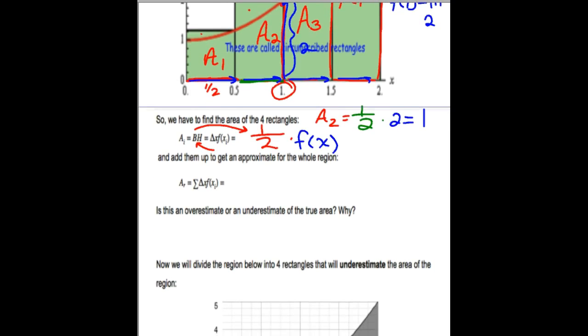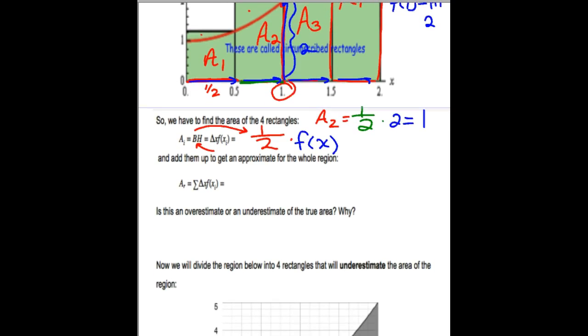So let's go do the area of the entire region, which I'm calling A sub r. What I'd have to do if I were to write a formula for it is add up, that's what this means, all of the delta x's, which is all of the bases, times all of the heights. This is just fancy notation for, hey, add up 4 rectangles. So what I would do is take each rectangle and do its base times its height.